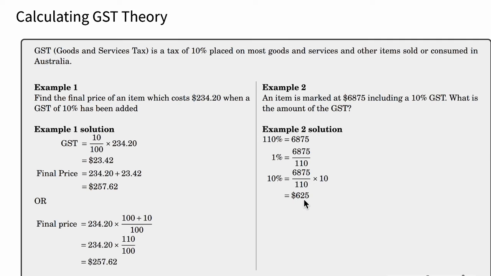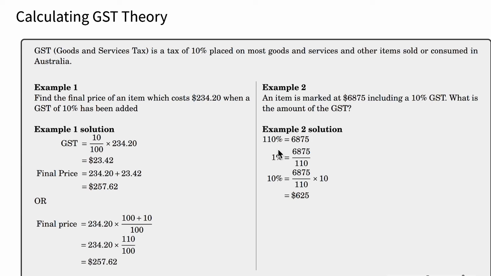That would end up as 625. This unitary method concept is very helpful. If the question had asked for the original price of the item, you would multiply that 1% value by 100 and get the original value.